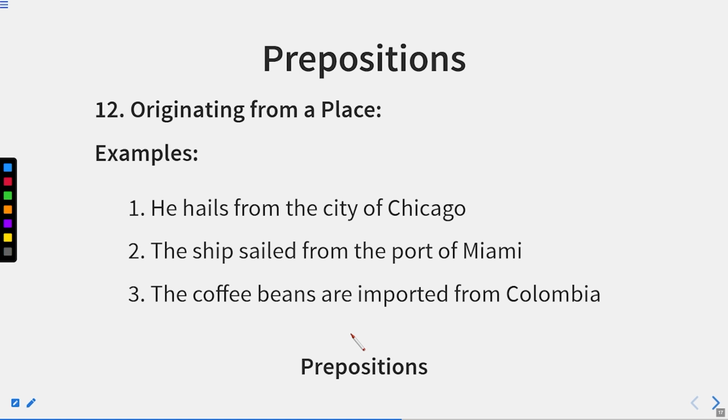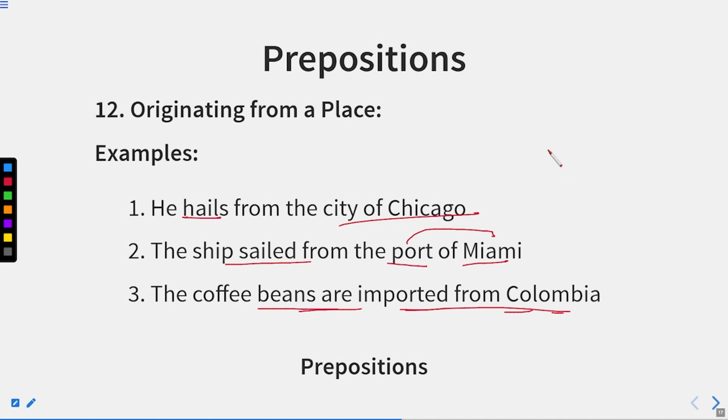Originating from a place. He hails from the city of Chicago. So hails from, it means he belongs to the city of Chicago. So we can use the preposition of. The ship sailed from the port of Miami. So port of Miami. The coffee beans are imported from Colombia. So here we can use preposition of just to show the origin.